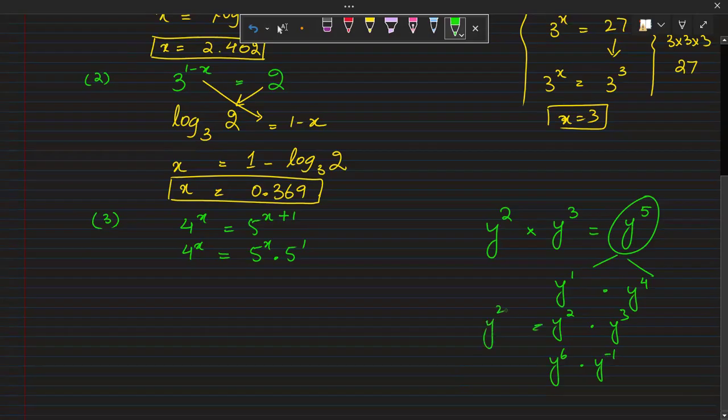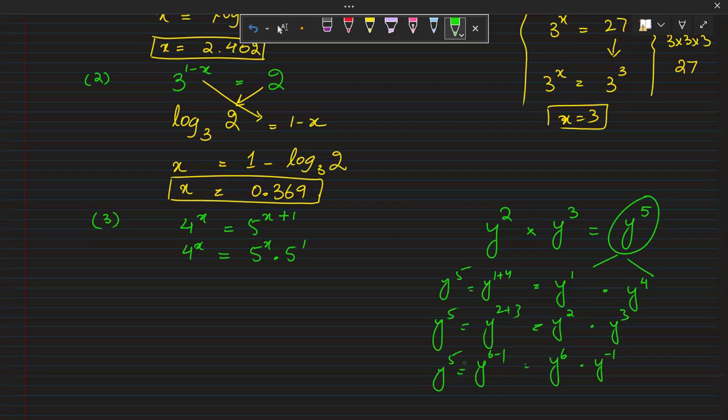When this gives you y to the power 5, this is also going to give you y to the power 5. What's wrong with it? Y to the power 6 times y to the power minus 1 is fine.